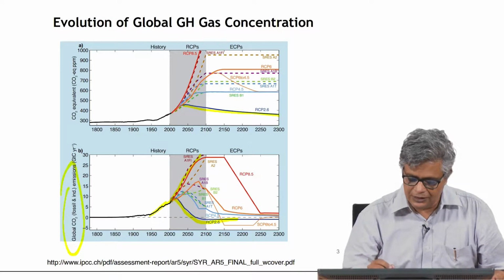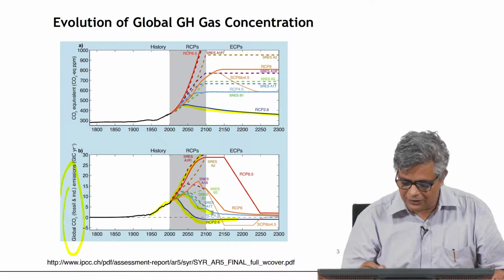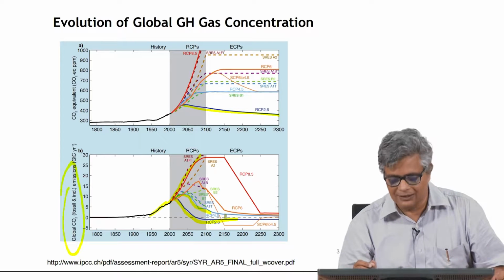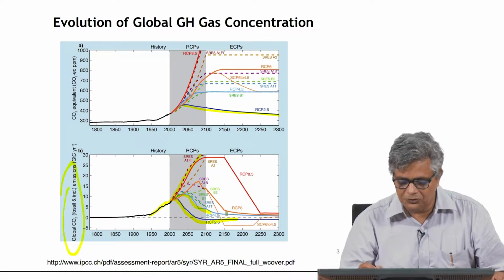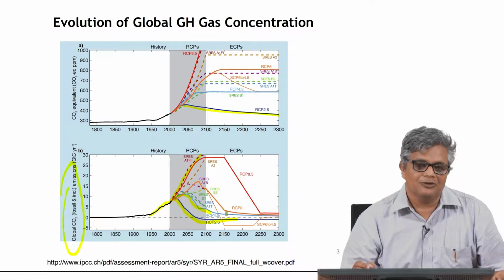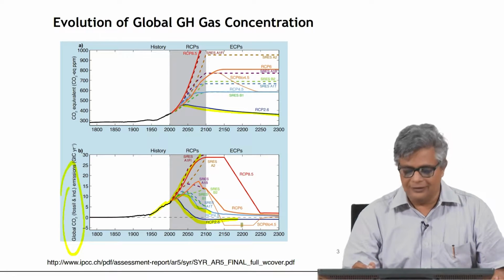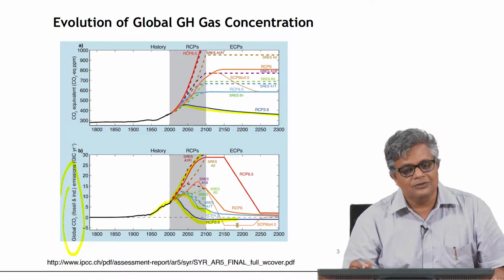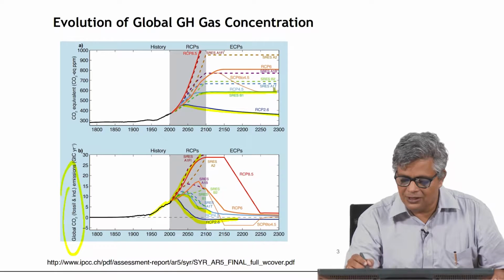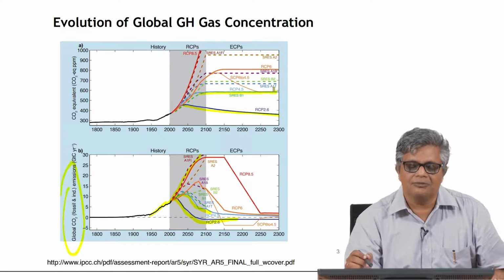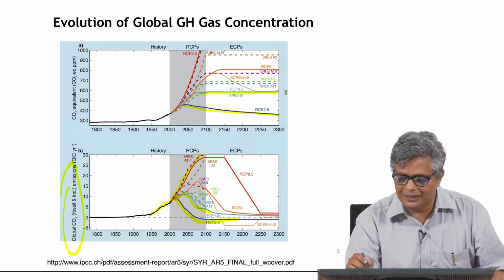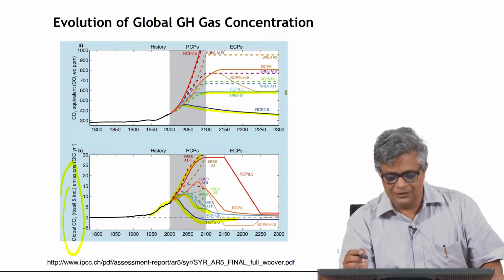But if we continue and go down by the end of 2150, that is in another 130 years, to about a tenth of current carbon dioxide emission levels, then we will get onto a path where we reach a carbon dioxide concentration of 550 ppm, and that would be maintained for another 200 years.